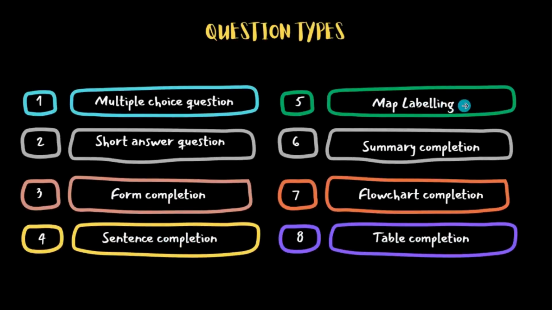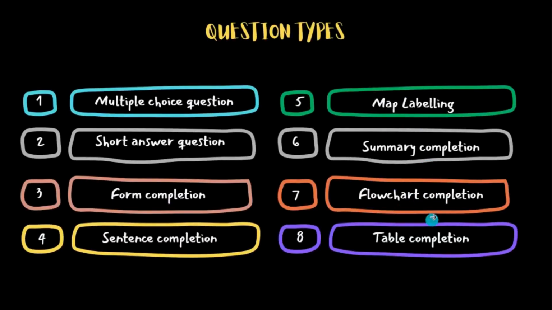Fifth is map labeling. It is mostly found in section 2, because it's a monologue where someone instructs you on what to do and how to do it and where to go. Sixth is summary completion. It's just a short summary of what the items are.